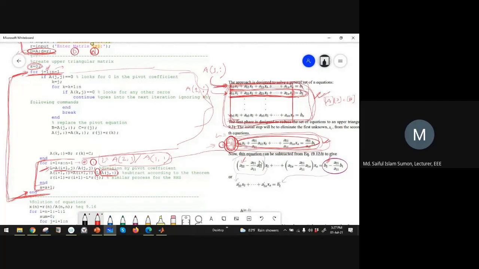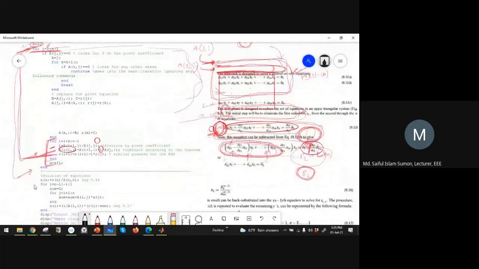With the first row, I want to multiply A21 divided by A11, that means L. And I want to subtract this from the second equation. This is my second equation because i is equal to 1, so it will be 2 comma colon. We are done with this portion.